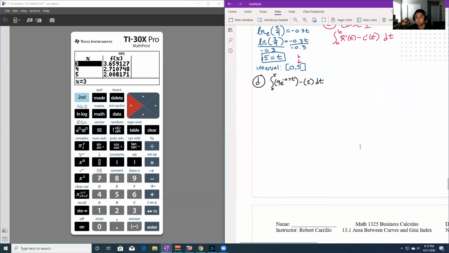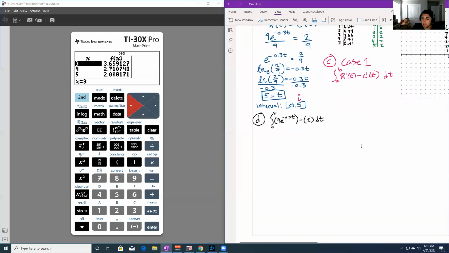Let's get a little close up there for you. Okay, this one's not going to be that ugly. So we are ready for the antiderivative. Remember that this part, the e to the negative 0.3t, remember that if you have the integral of e to the ax dx or dt, whatever, that the antiderivative is 1 over a e to the ax. So that's what we're going to use here.